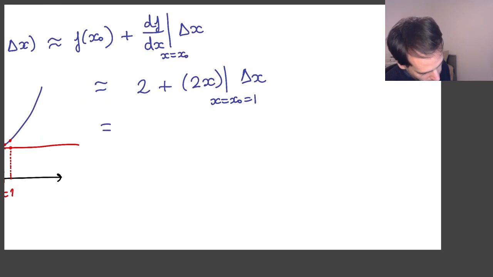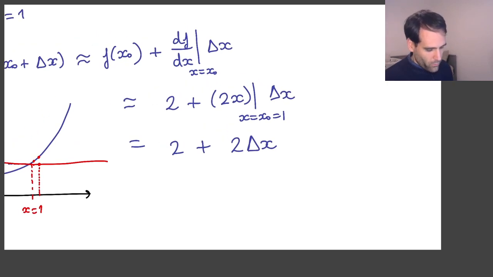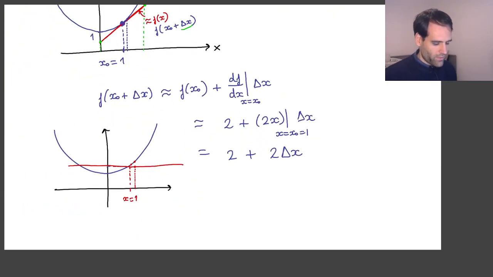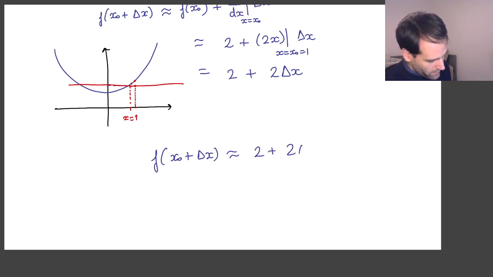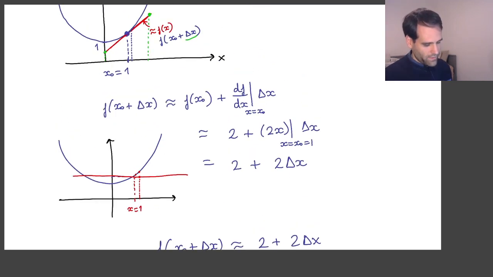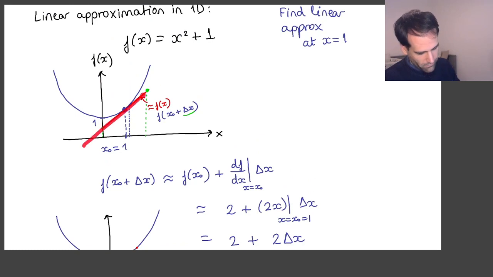Now we substitute this, and we get 2 plus 2 times 1, so 2 delta x. Okay? So now we got an equation, which is the equation of a straight line. So f of x0 plus delta x is approximately equal to 2 plus 2 delta x. And this is the equation of this straight line.